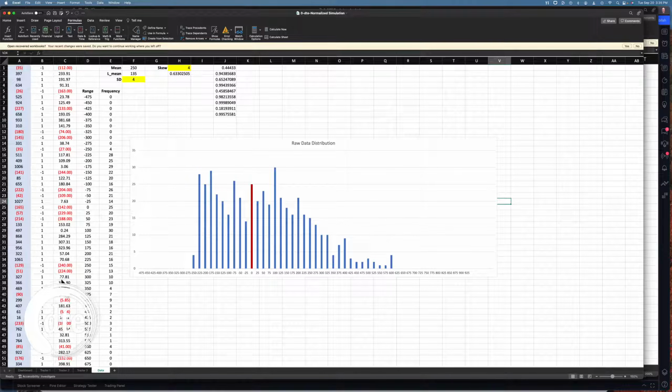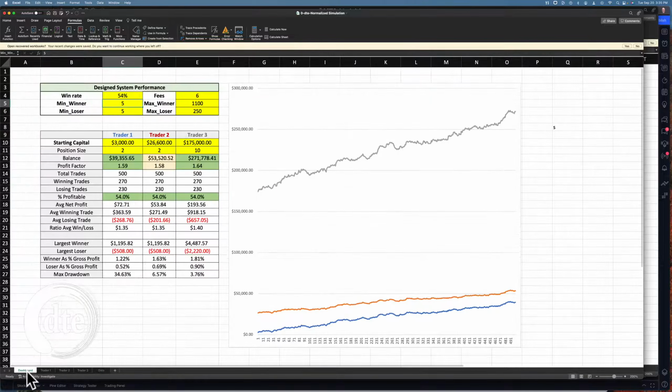So I gave it my win rate, my range of winners to losers, and my starting price. And I don't always take 2 contracts. I usually take either 1 or 2. And it accounts for that, by the way. And then it gives me a fictitious example of what that should come out to.